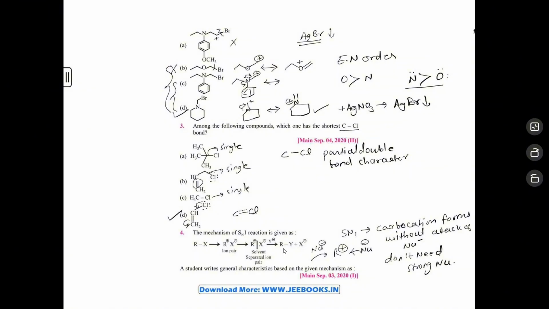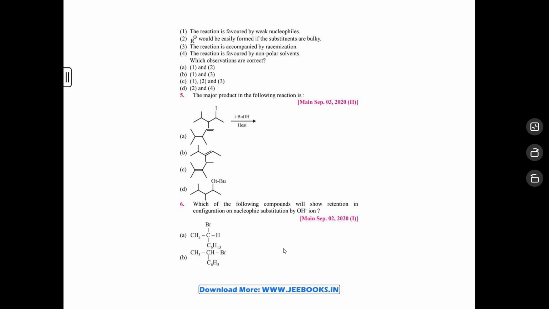Now let's see what the options are. The statement says that the reaction is favored by weak nucleophiles, so we can say yes, this is correct. Carbocation would be easily formed if the substituents are bulky. Yes, because tertiary carbocations are more stable than secondary, and secondary is more stable than primary. The reaction is accompanied by racemization. This is yes, because carbocation has planar geometry, and therefore the nucleophile can attack from back and front to give inversion and retention of the configuration, which leads to racemization.